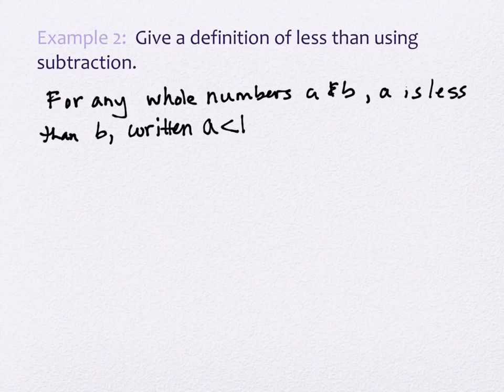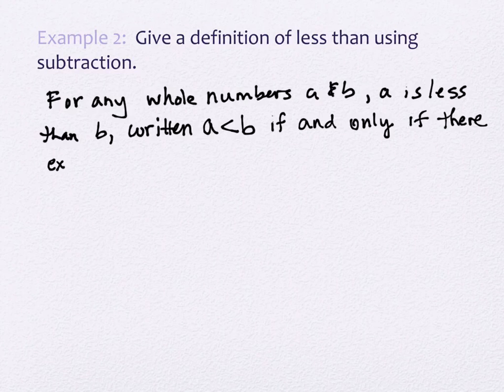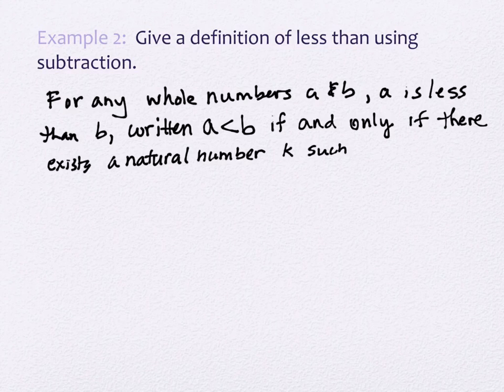Written the same way as before, a less than b, if and only if there exists a natural number k, remember natural numbers are the whole numbers but not 0, such that, and this is where it's different, the very last part.